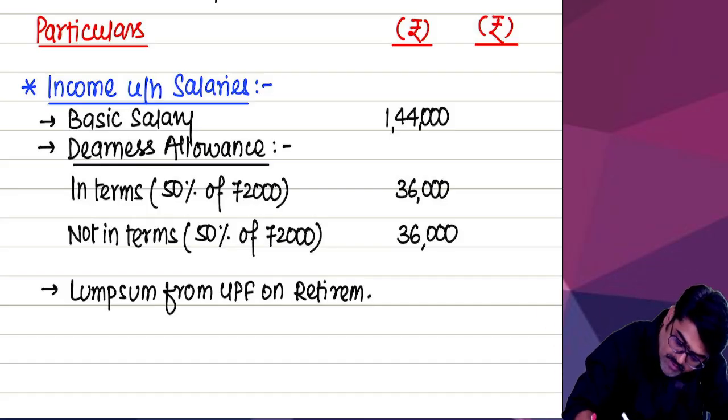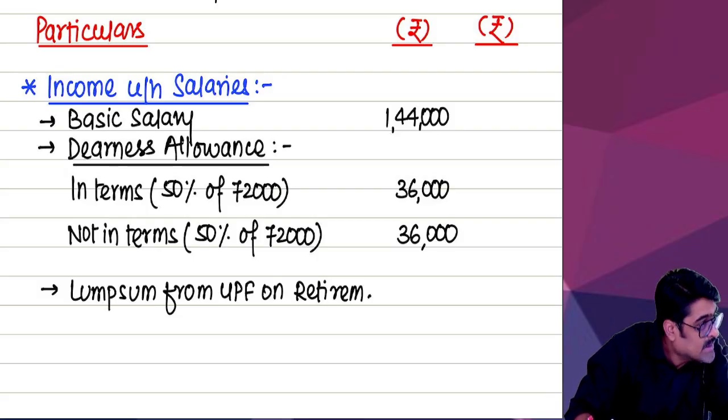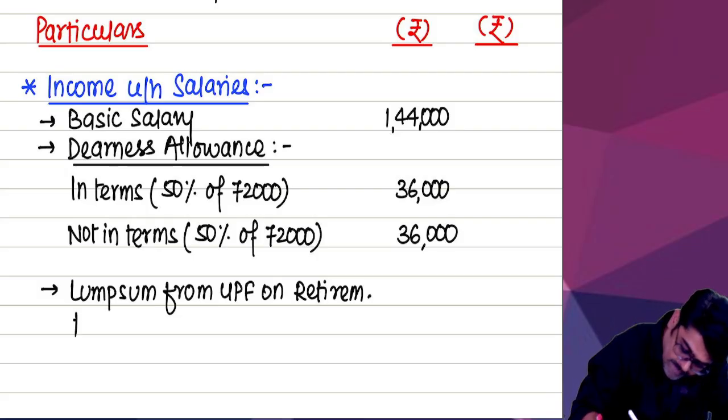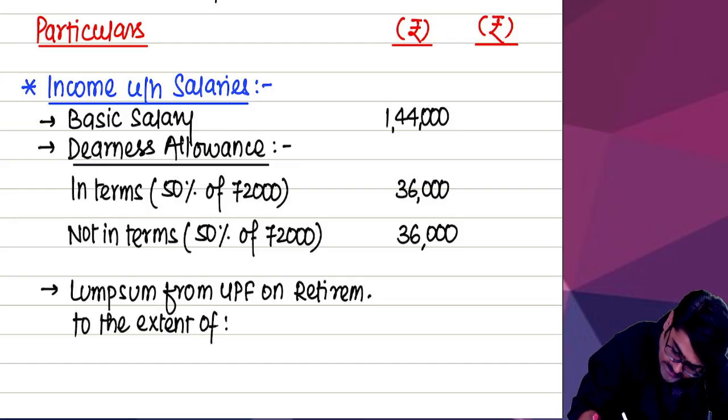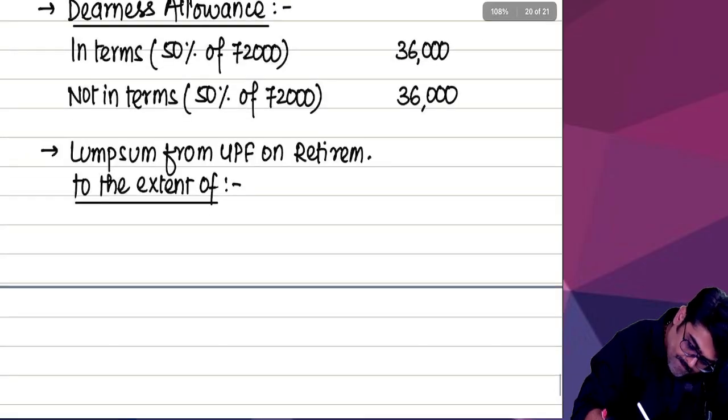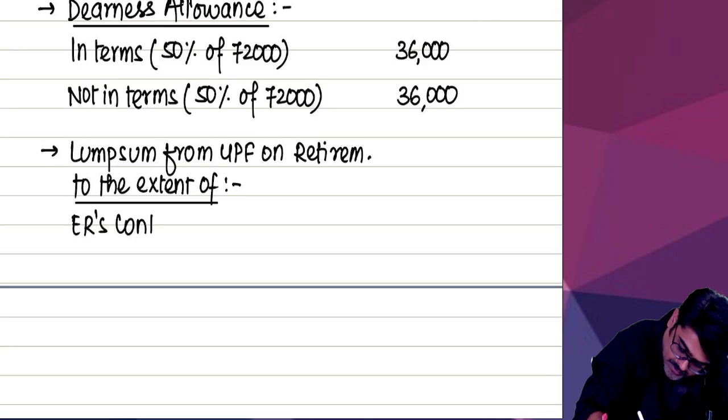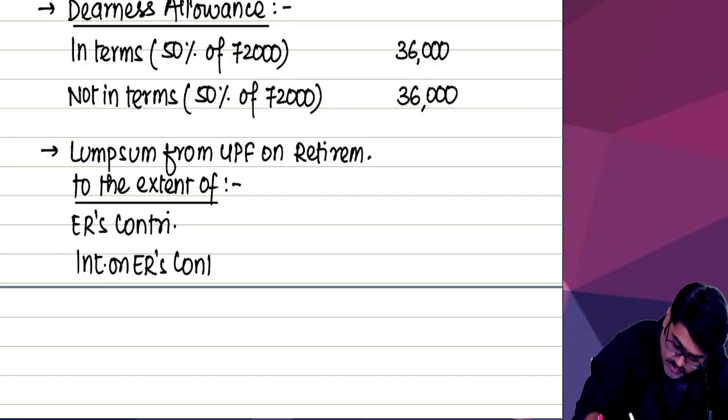So lump sum payment from UPF on retirement, to the extent of employer's contribution and interest on employer's contribution.